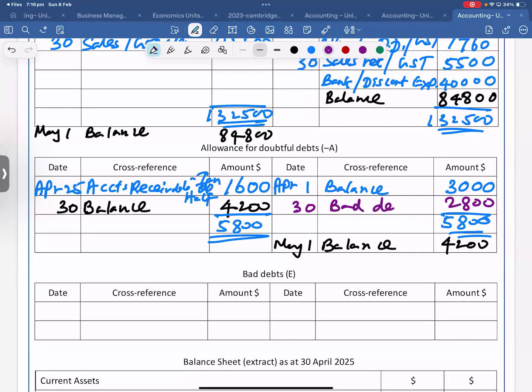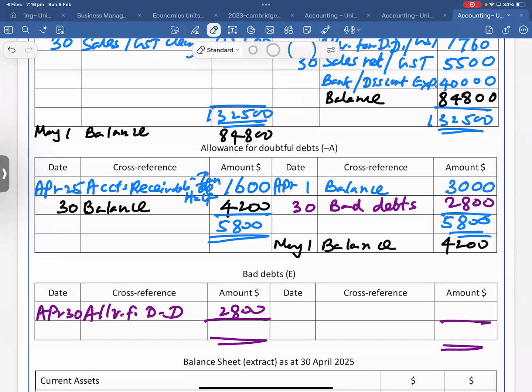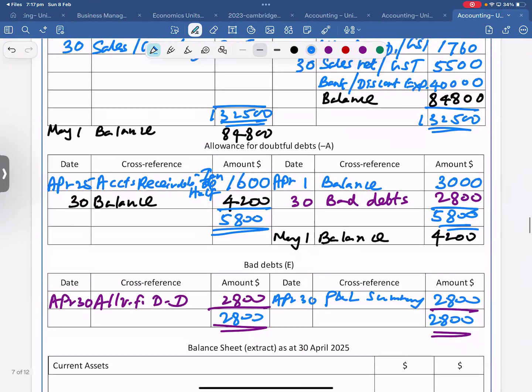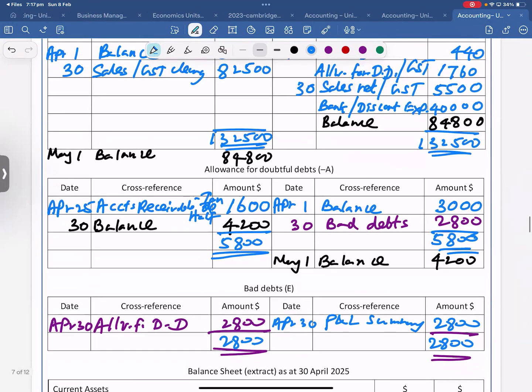Credit allowance for doubtful debts. In summary, you are transferring to the bad debt account at the end of the period. Any questions with this?